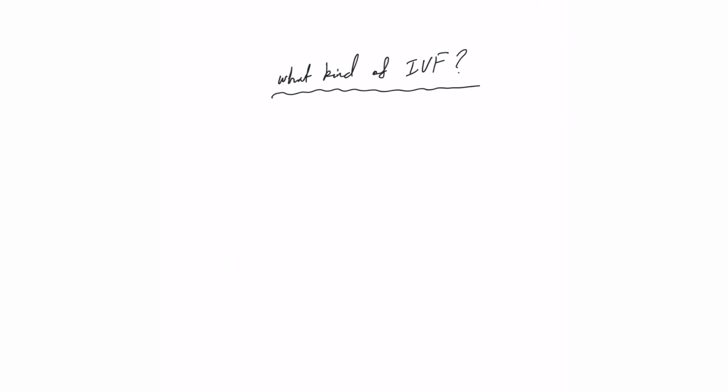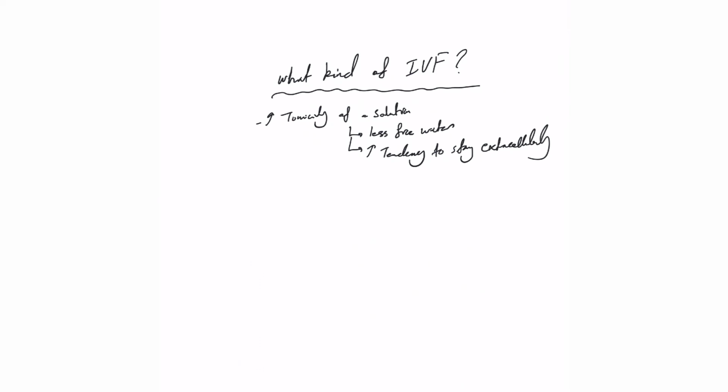Just to refresh your memory from the last video, we talked about two important principles. The higher the tonicity of a solution, the less free water and the higher the tendency to stay extracellularly, mainly interstitial and intravascular; we mainly talk about intravascularly.